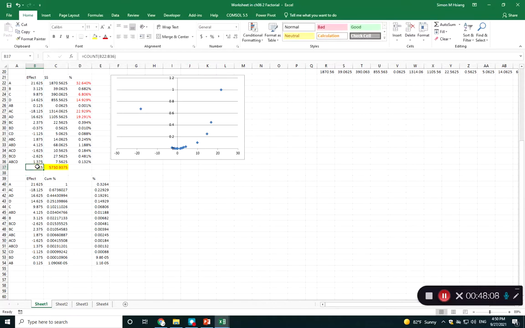I have 15 terms, right? Why? 4 main effects, 6 two-way interactions, 4 three-way interactions, 1 four-way interaction. How many observations do I have in total? 16, minus the correction for the mean. So how many degrees of freedom do I have? 15. So 15 terms for 15 degrees of freedom.